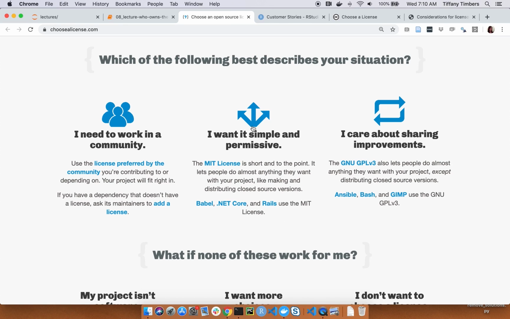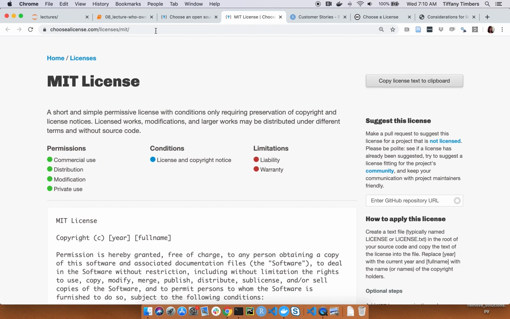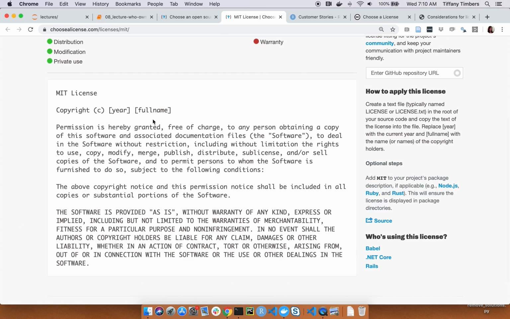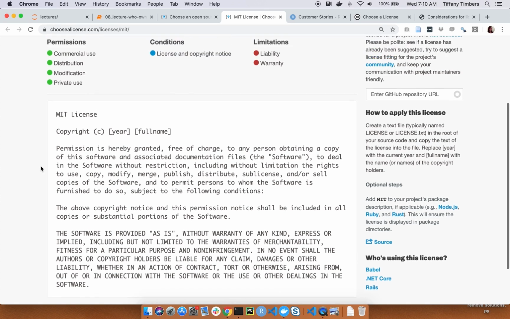So let's take a look at this site, and it's going to show us a little bit more information about the MIT license. It will show you the text for the MIT license if you want to read it.